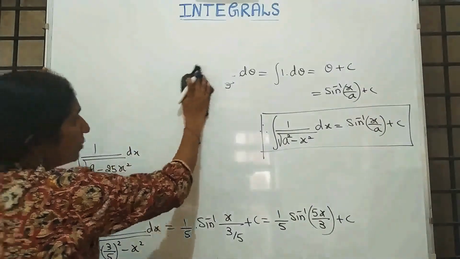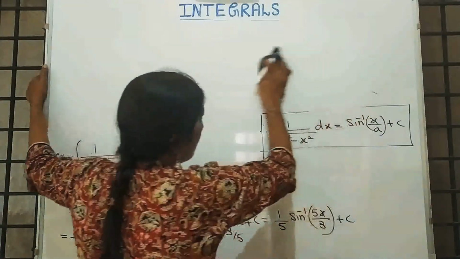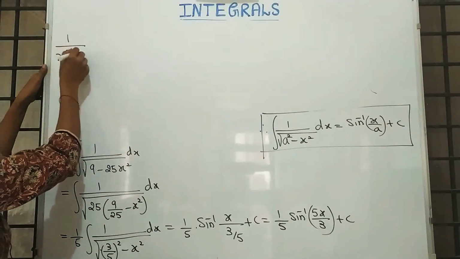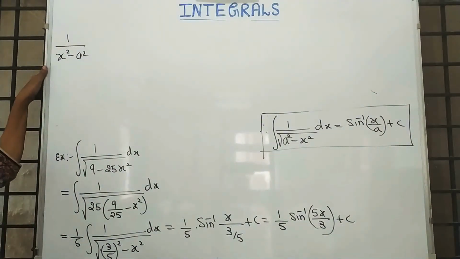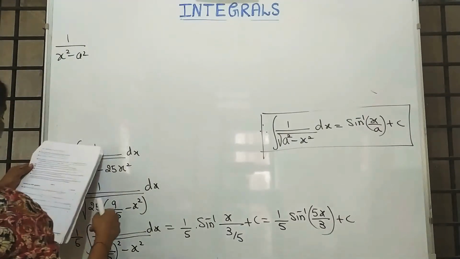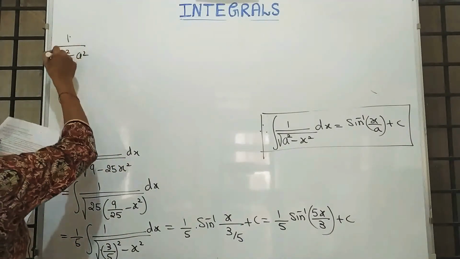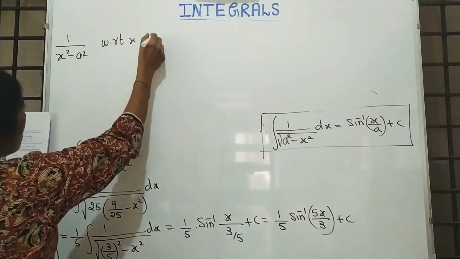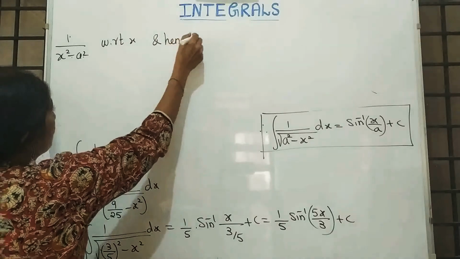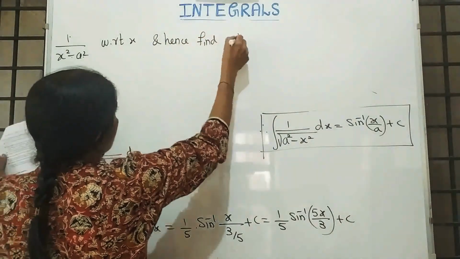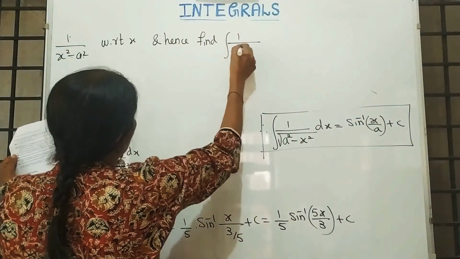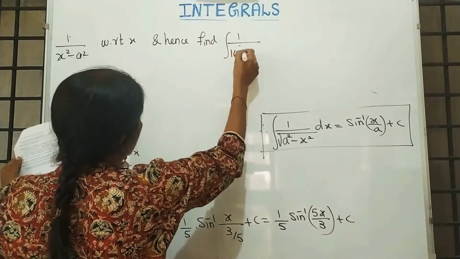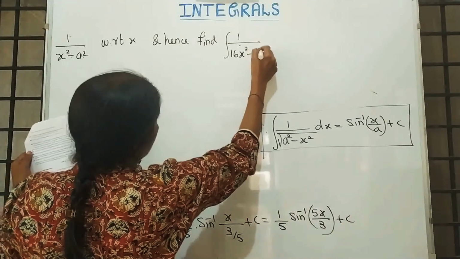They ask the question: find the integral of 1 upon x square minus a square with respect to x, and hence find the integration of 1 upon 16 x square minus 9 into dx.